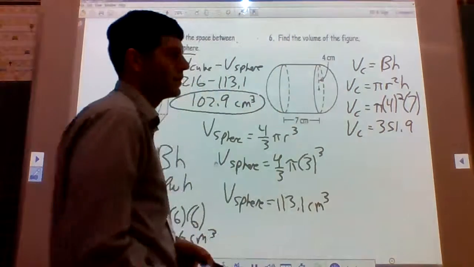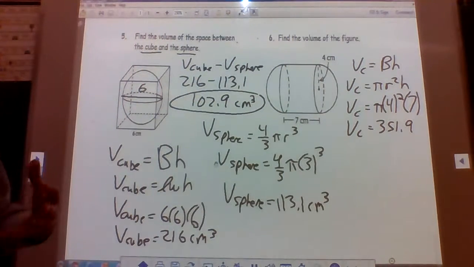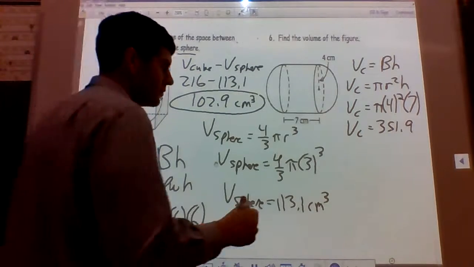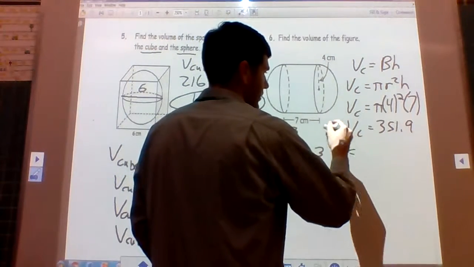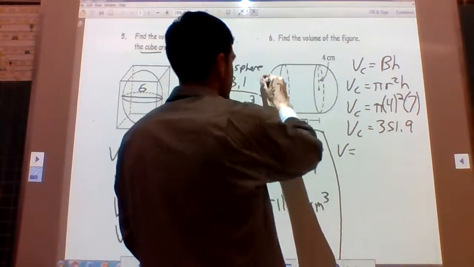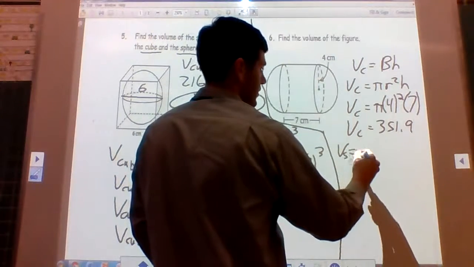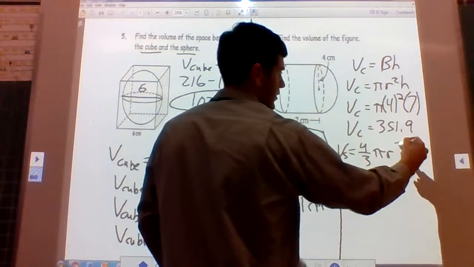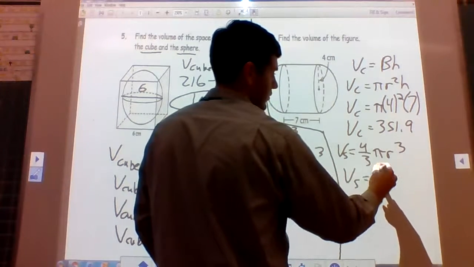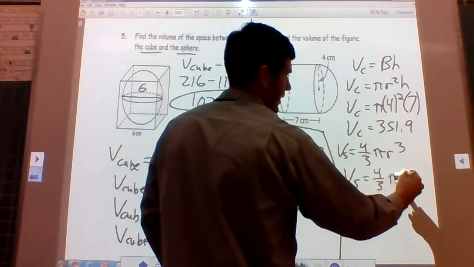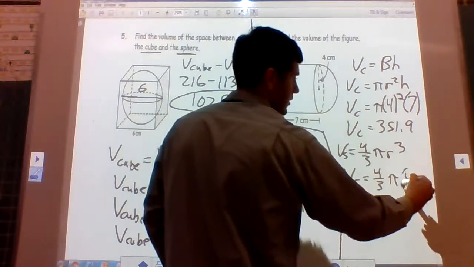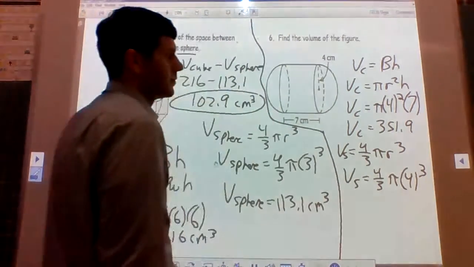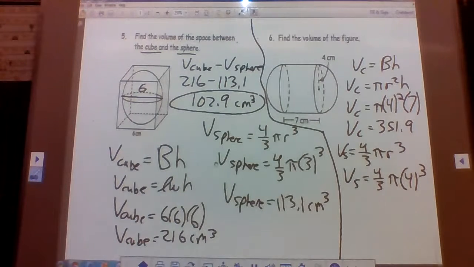Okay, and then we have two half spheres, two hemispheres, but if we put them together, we have a full sphere. So our volume for a sphere is 4/3 pi r cubed. So 4/3 pi times 4 cubed. So that's 64.